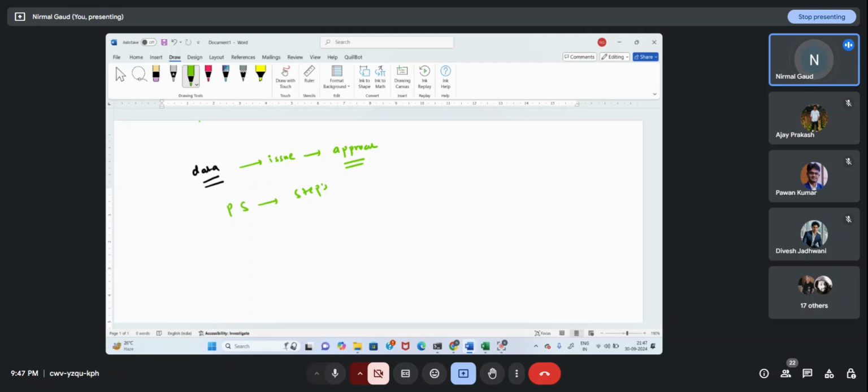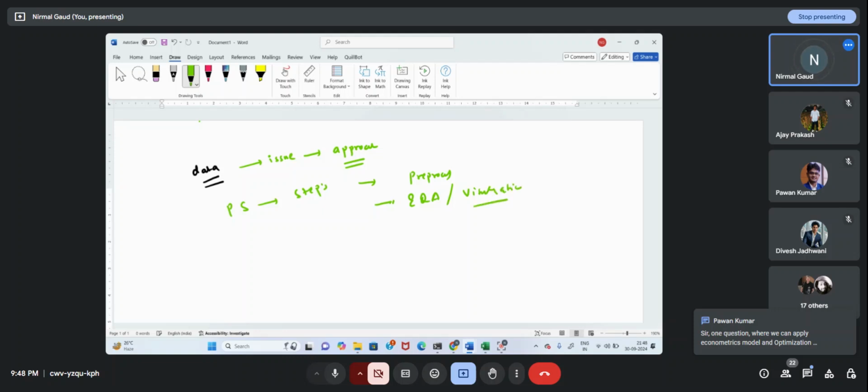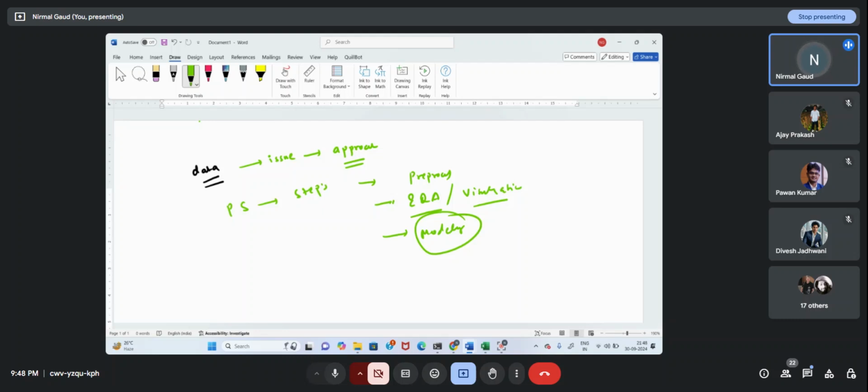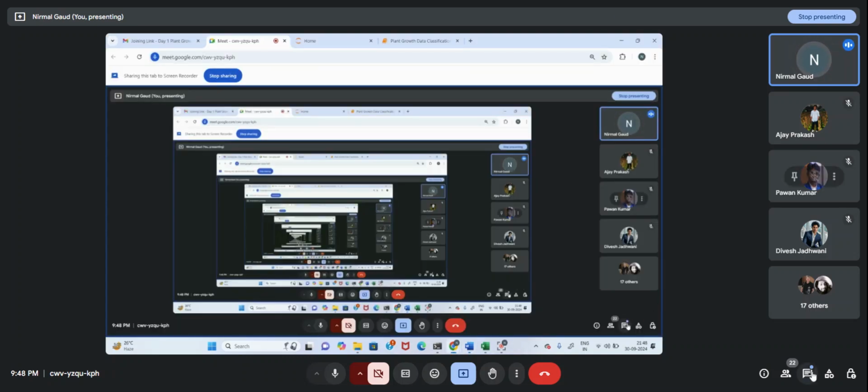You very well know the basic steps: many different types of features are available, we are going to perform the pre-processing of it, take the complete EDA and the visualizations into consideration, and then we'll proceed to the modeling part. In context of the data and the problem statement, you have to perform these steps. That's what you have to decide.